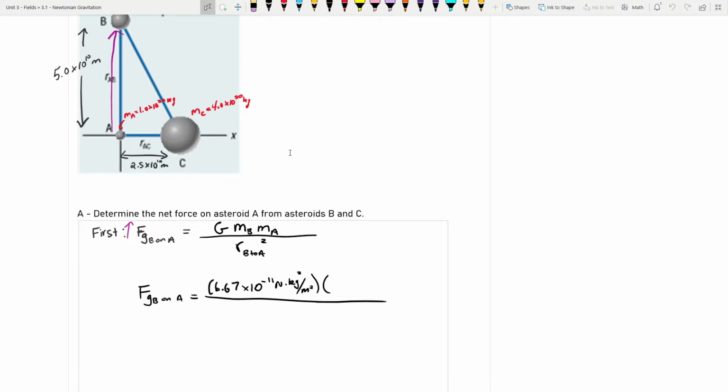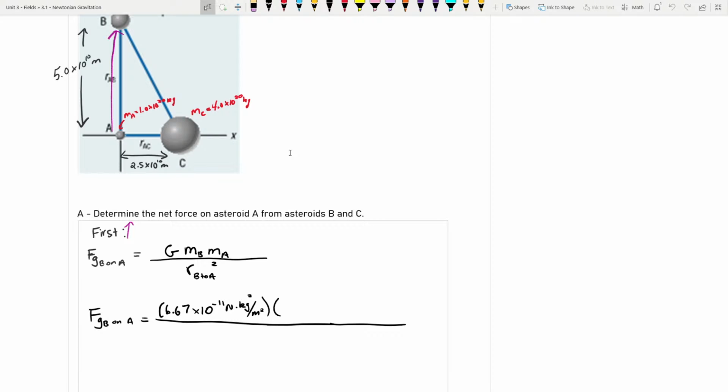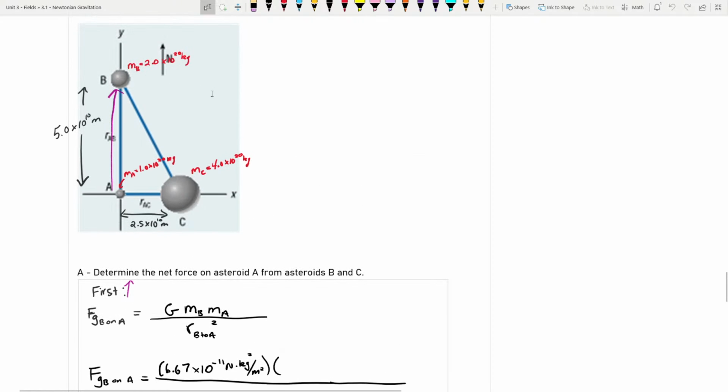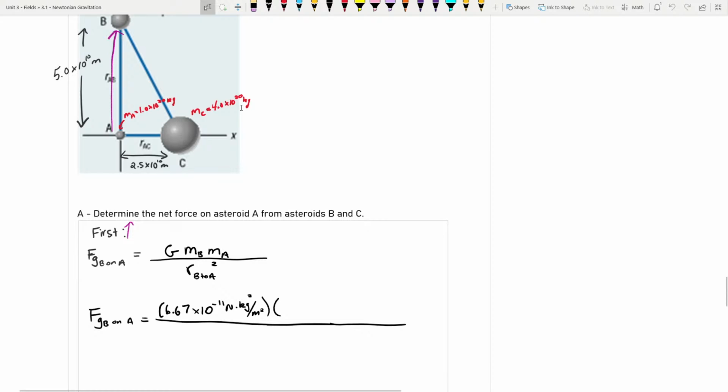And then, what are our masses here? Ooh, this is going to be a big old line. In fact, I might give myself a little bit of space to work with here. There we go. Well, the mass of B, we said, was 2.0 times 10 to the 20.